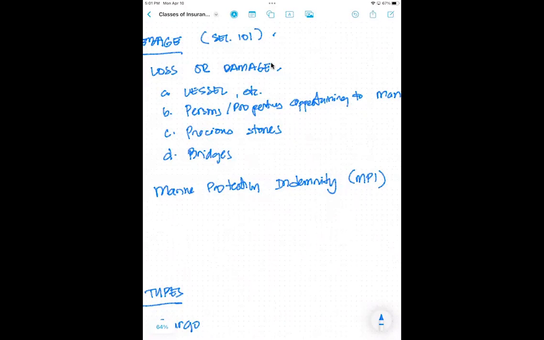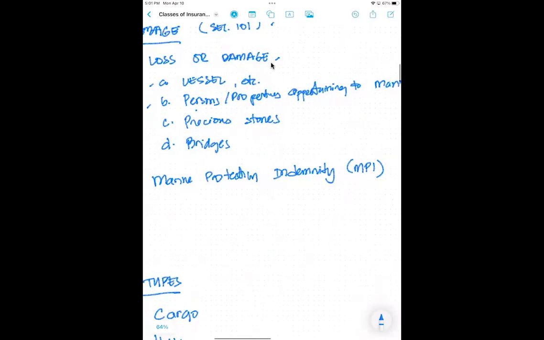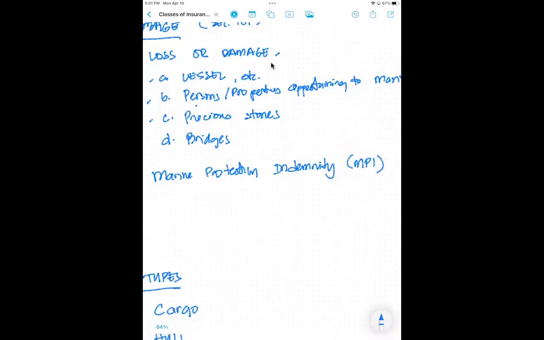The first paragraph covers vessels, aircrafts, crafts, and all the items mentioned therein. The second paragraph is loss or damage to any person or property appertaining to marine. Third would be precious stones, and then bridges come in the fourth.